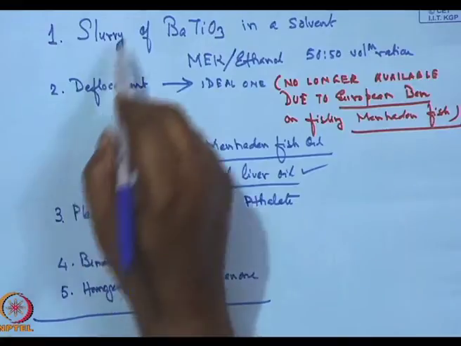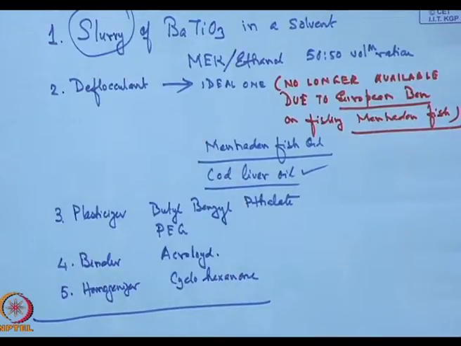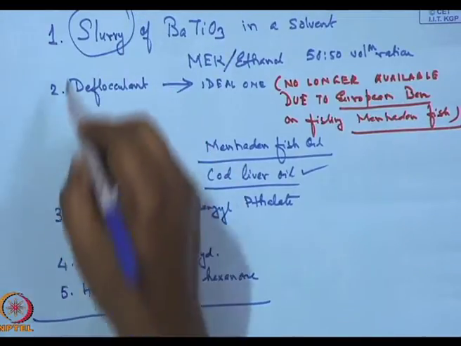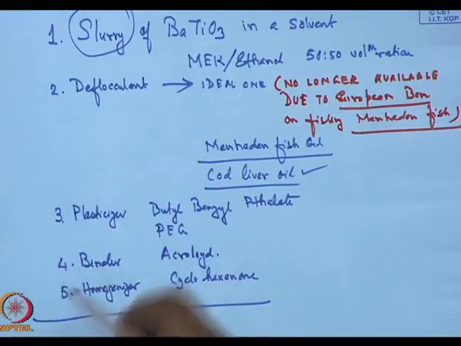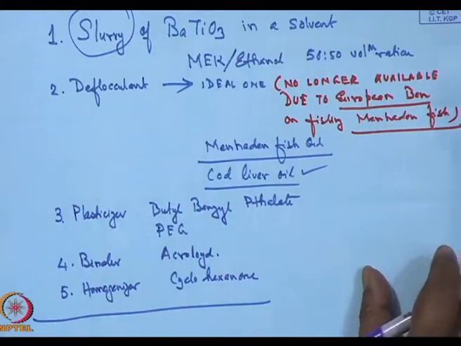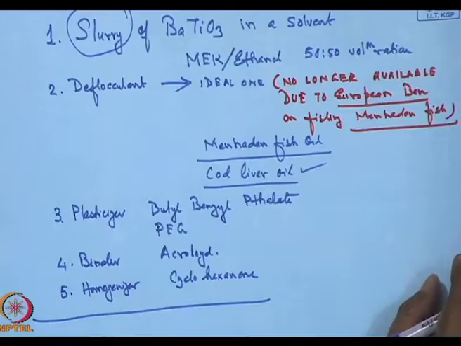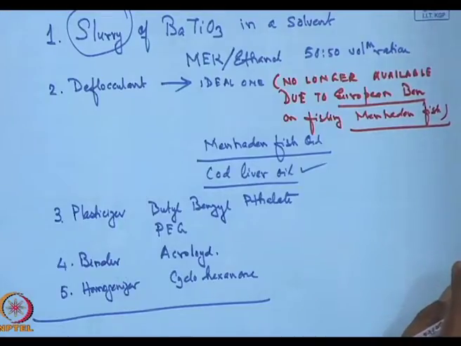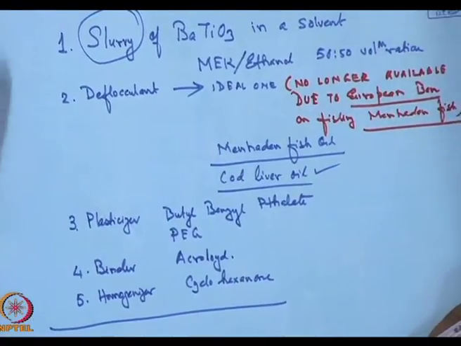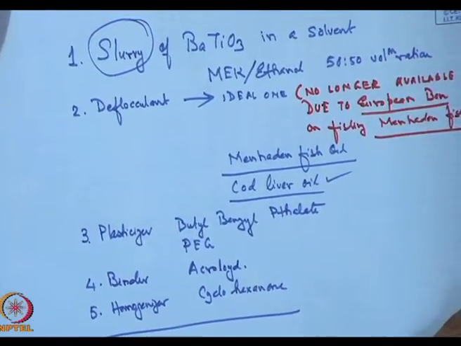So to make the slurry in a non-aqueous media, these are the different types of processing aids I have to use. Let me take you through this process so that you know exactly how they are used.